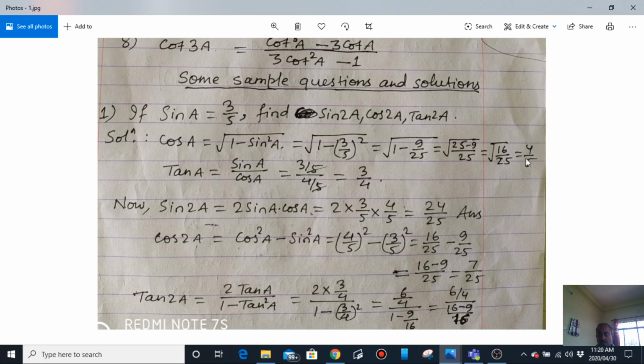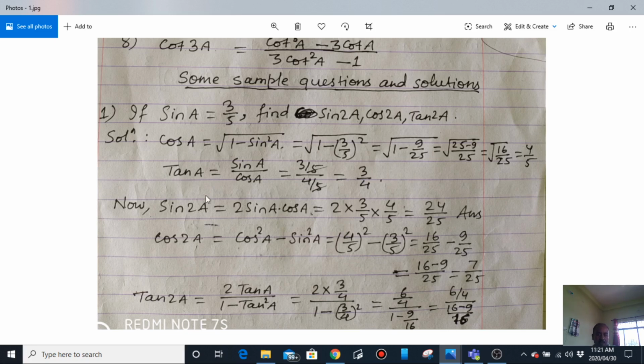So finally you have 4 upon 5, and tan A equal to sin A by cos A. So sin A is 3 by 5 and cos A is 4 by 5. So 3 by 5 upon 4 by 5, 5 cancel, so 3 by 4. So what you have reserved with you? Sin A 3 by 5, cos A 4 by 5 and tan A 3 by 4.